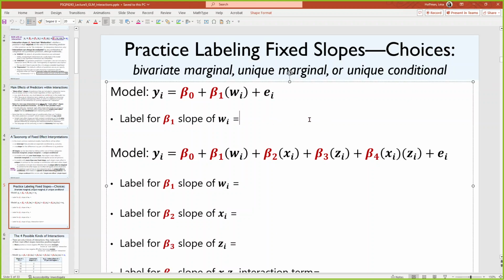What do you think this one would be called? First one. We got a vote for the first one. So there's only 2 variables in the problem, so I think bivariate works for that. And this slope beta 1 applies equally to everyone because there's nothing in the model that would say otherwise. So I'm going to call this one bivariate marginal.